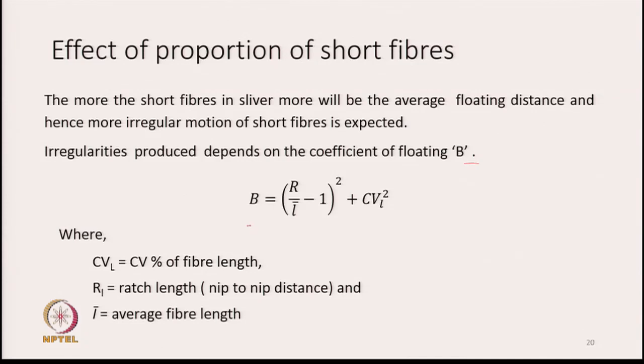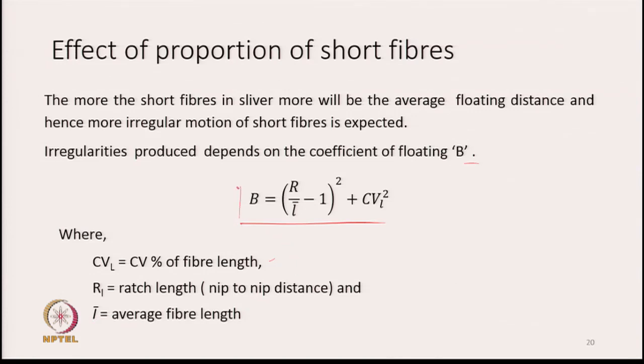represented by B, where B is (R by L bar minus 1) whole square plus CVL square. So, CVL is the CV percentage of fiber length, R is the ratch length, and L bar is the average length of fiber.